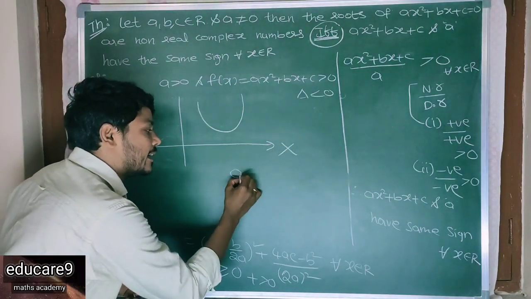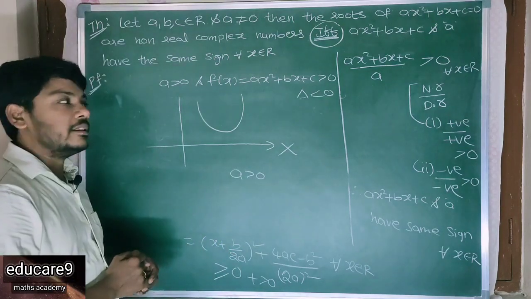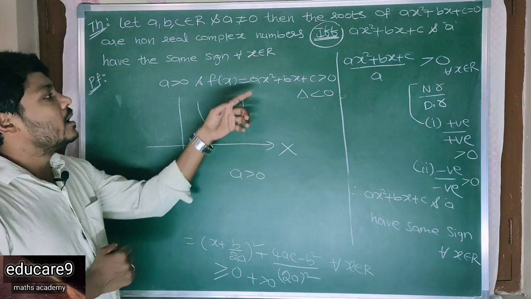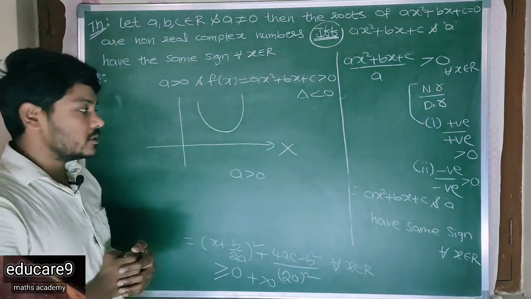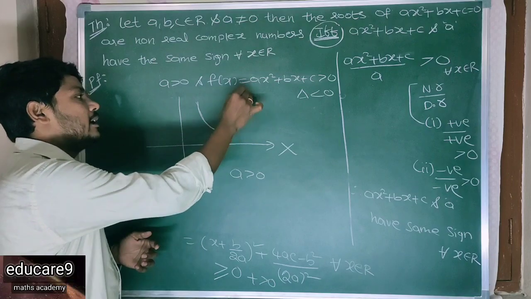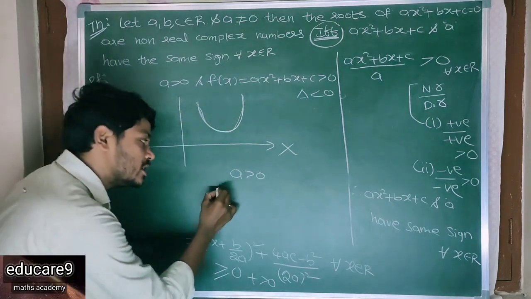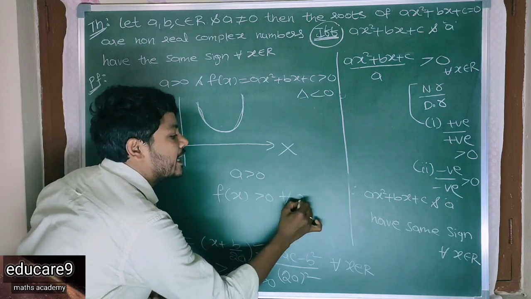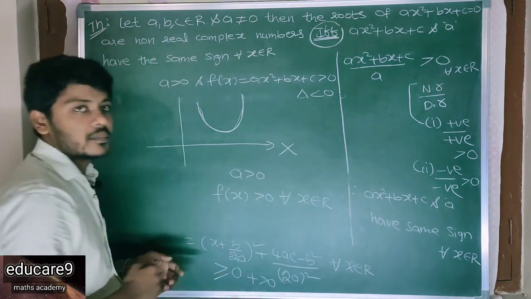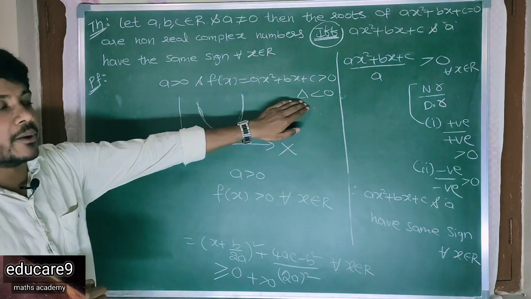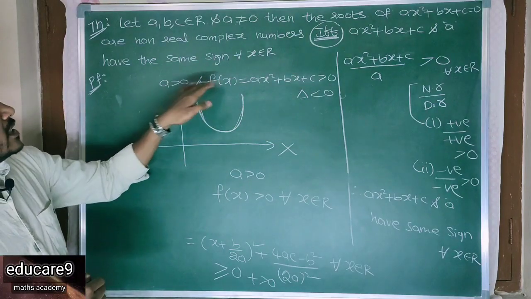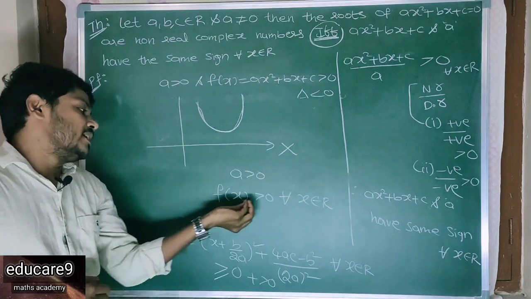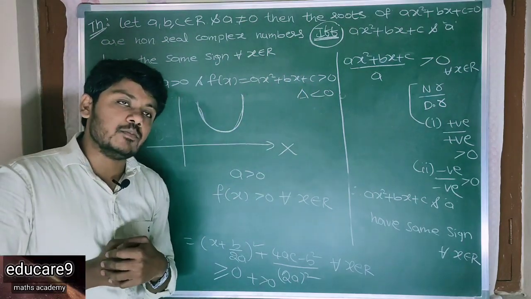A is greater than 0, then the graph represents an upward parabola and the expression is positive. See here clearly, the graph means f of x is positive for every x belongs to R. If delta is less than 0 and a is greater than 0, the expression is greater than 0. That means f of x is greater than 0 for every x belongs to R.